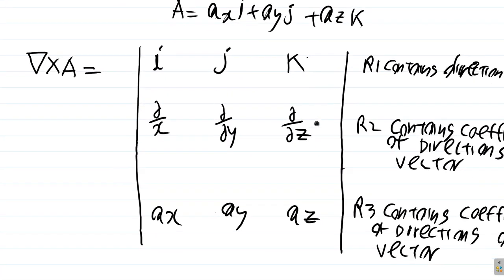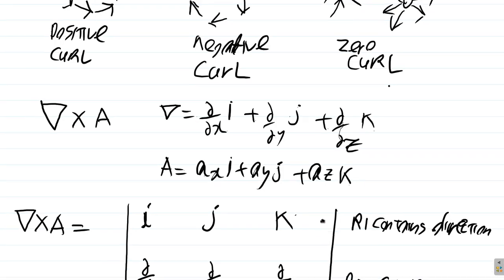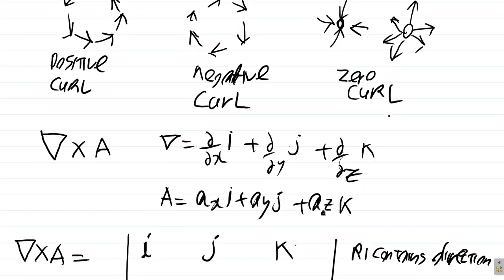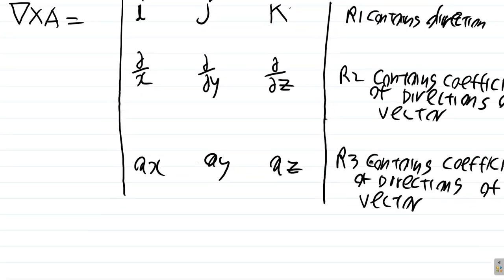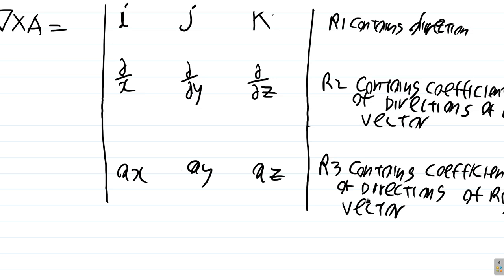But curl acts on a vector to give another vector. Now, you have to remember how you find the determinant of this. Now we expand along the top row.